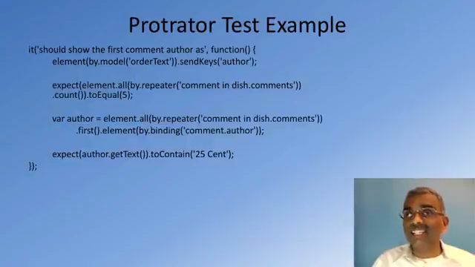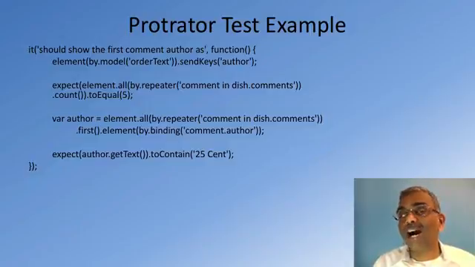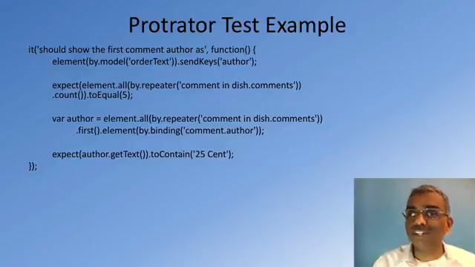The next test, what I'm going to do is insert information into the input box of my comments. I will actually type in information, and that will result in the comments being sorted by the value that I specify. Then I know what the first comment should contain.